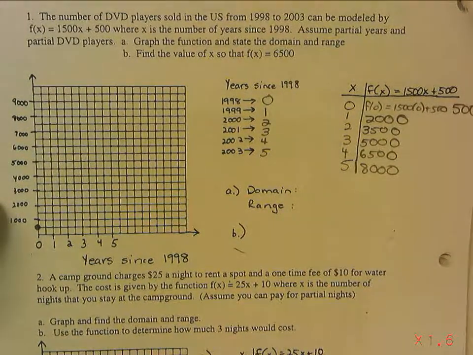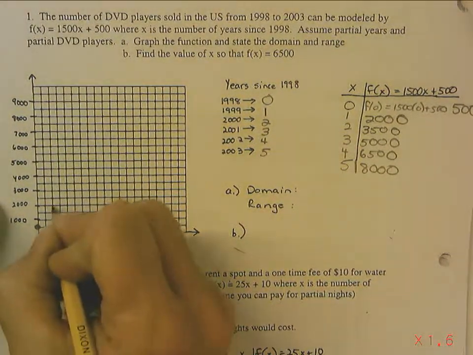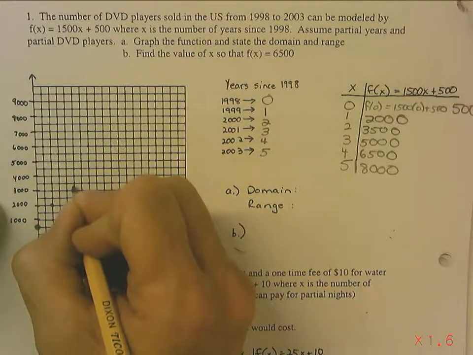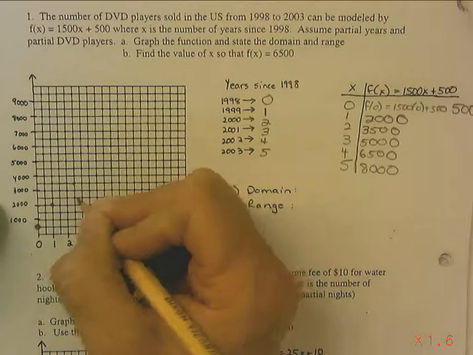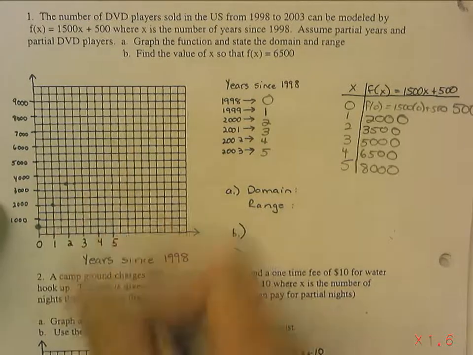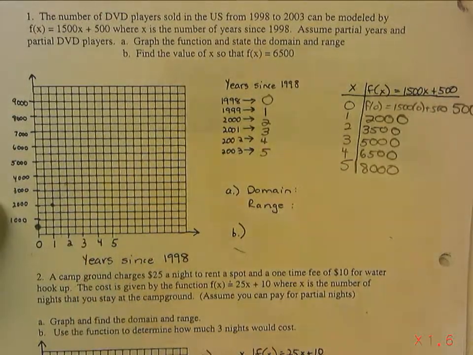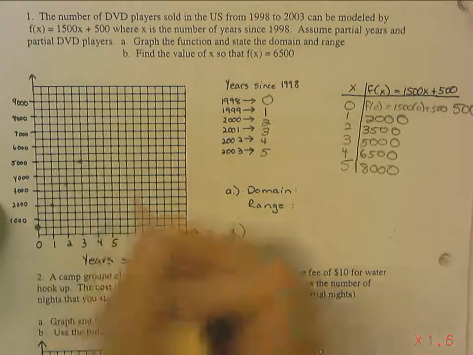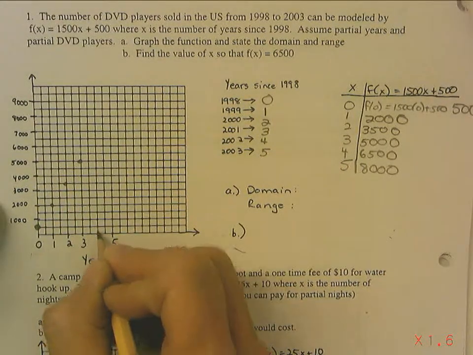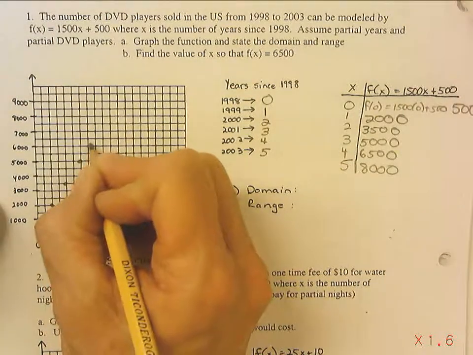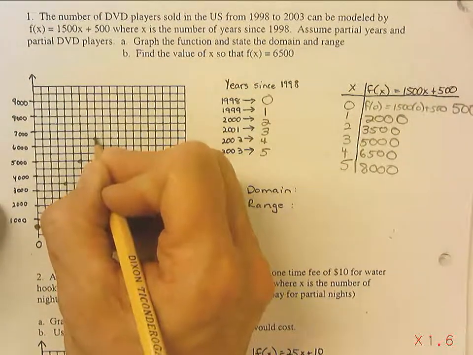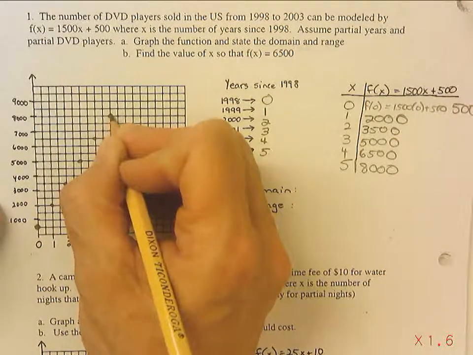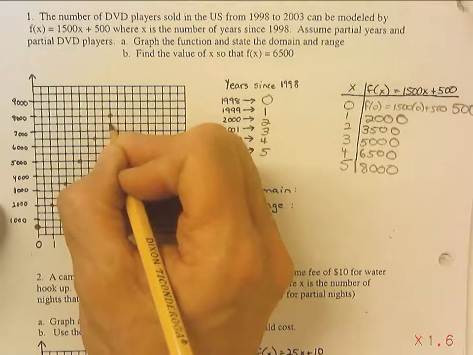Okay, 0 is 500, 1 is 2000, 2 is 3500, 3 is 5000, 4 is 6500, and 5 is 8000.